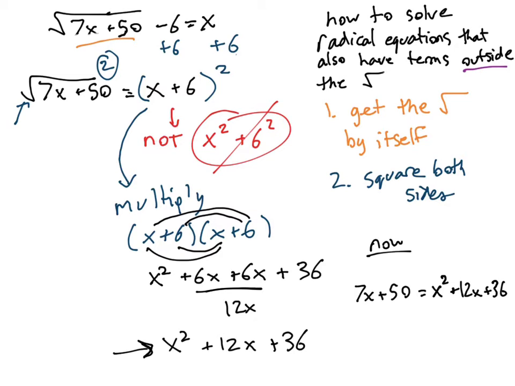And now the rest of this is going to be a polynomial equation that we can solve. And we can solve this polynomial equation using factoring or any of the other techniques that we've learned to solve quadratic equations. So let's continue that on another screen with more space.